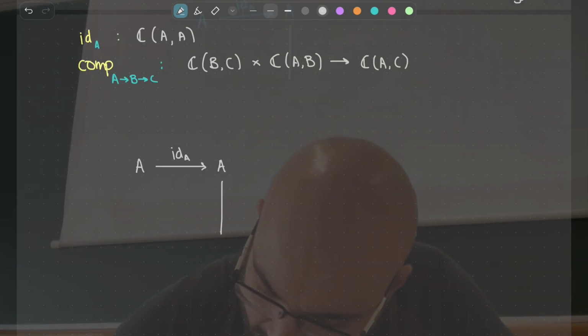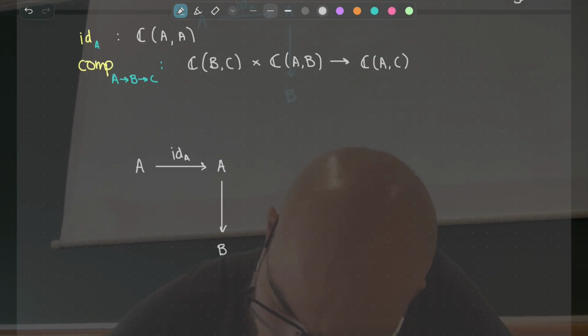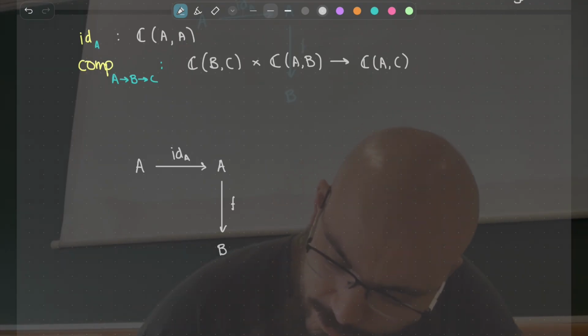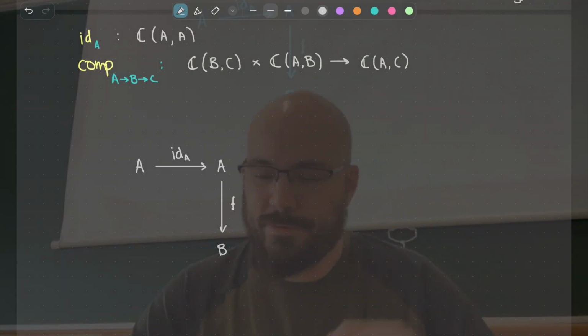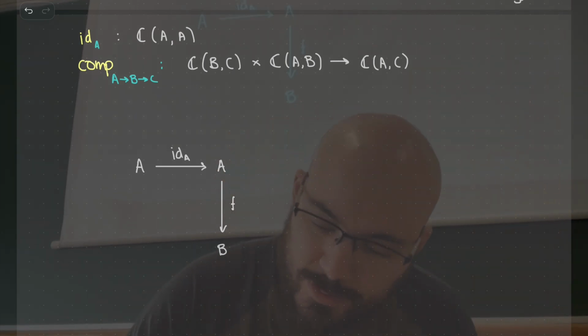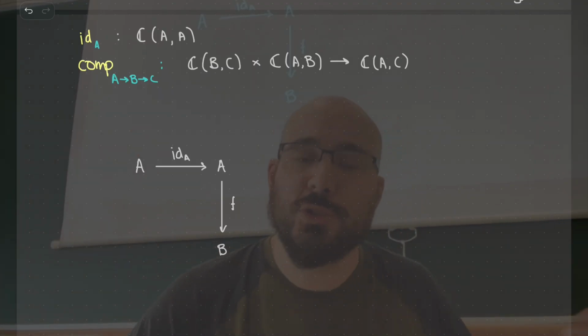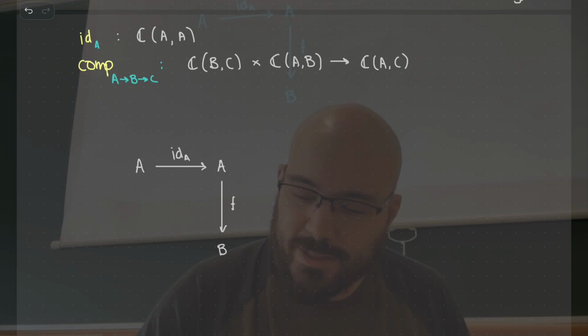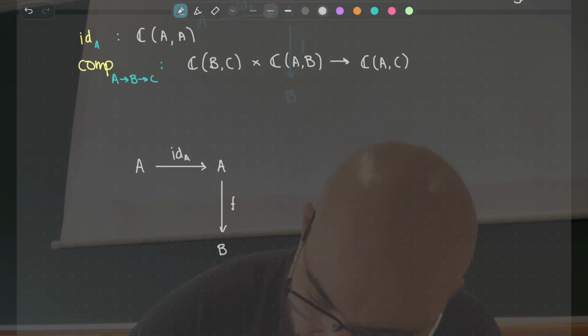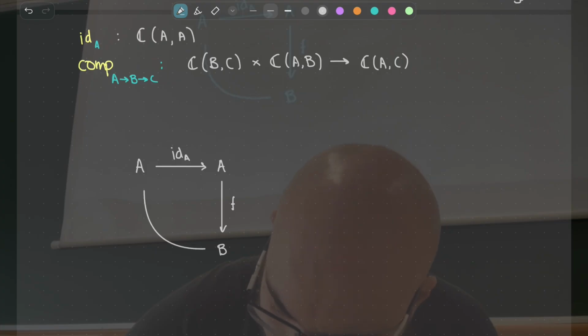I'm not sure what's the best way to do that, but the idea is that if you do this followed by any f, if you follow this path, first the identity and then any arrow to any other object B, and compose them, this should be the same as just following f. So in order to express this as a commutativity of a diagram, I'll do it as a triangle.